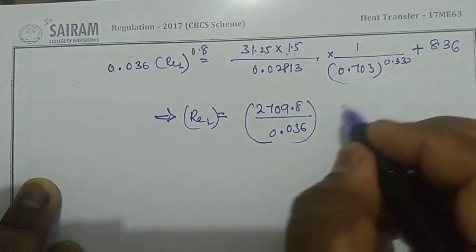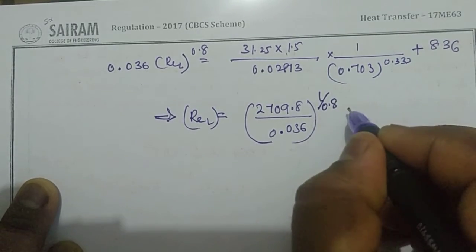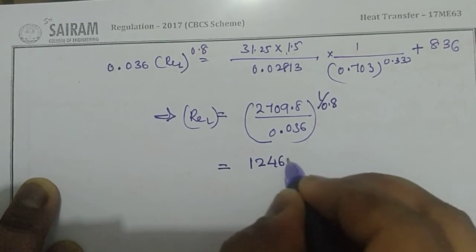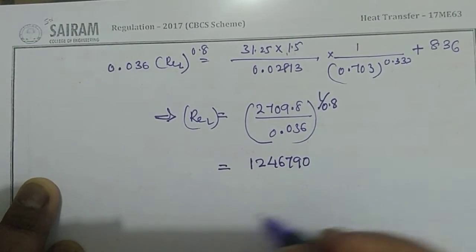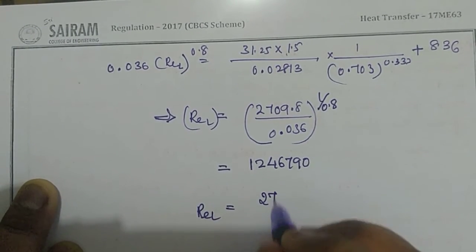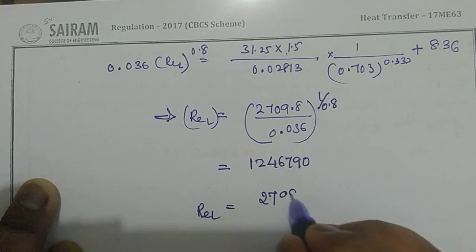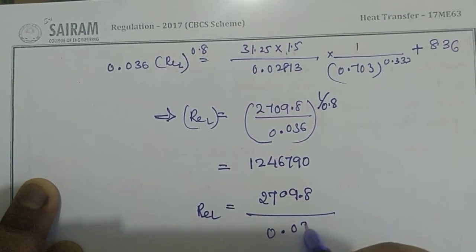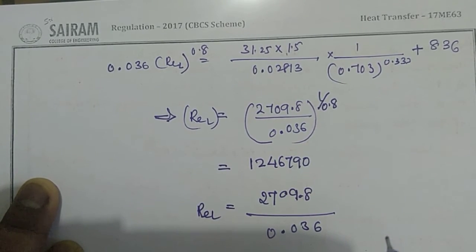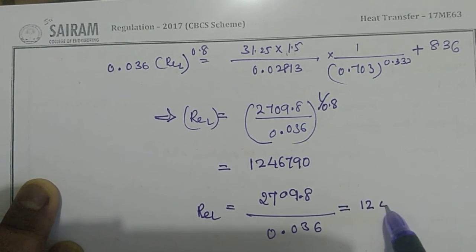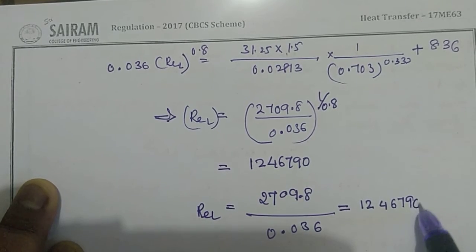Re_L to the power 0.8 is equal to 27079.8 divided by 0.036, then raised to 1 divided by 0.8, which gives 1246790.